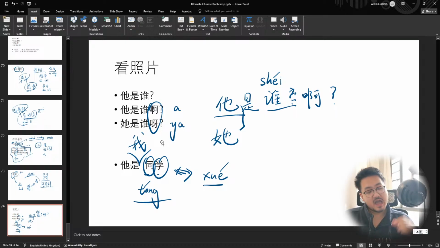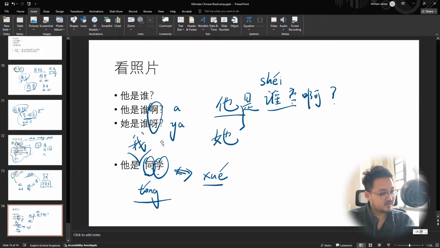So yeah, you can add this before something that you want to describe, to add supplemental information to it. 他是谁啊？他是我同学, right? He's my classmate, right? So yeah, you ask 他是谁 as a question, and then it's a 是 question, right?